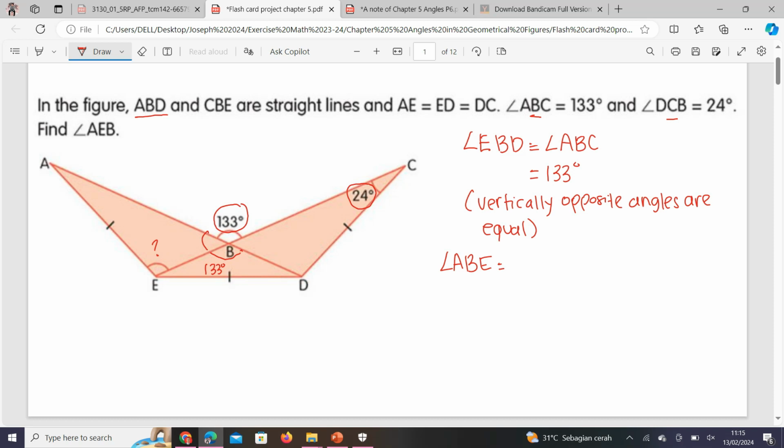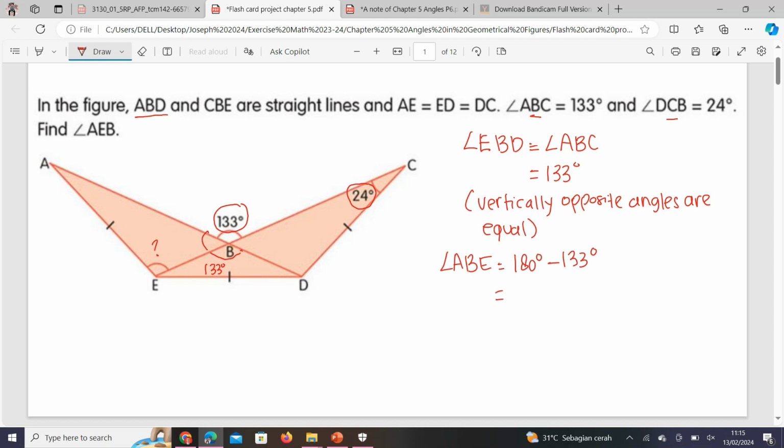The law of the sum of angles on a straight line is 180 degrees, right? Then to find the angle of ABE, because ABD is a straight line, 180 degrees minus 133 degrees.